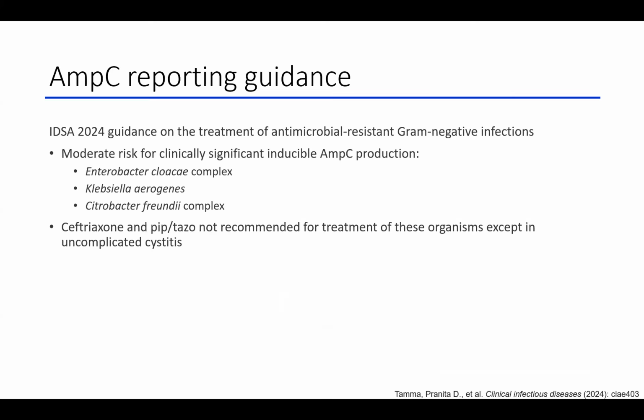And recently, I would say there was a lot more variation in what labs did. Recently in 2024, IDSA put out some treatment guidance. They say there's a moderate risk for clinically significant inducible AMP-C production in the organisms that we just showed in the paper had the higher mutation rate, and that they wouldn't recommend ceftriaxone and piptazo for the treatment of these organisms, except in uncomplicated cystitis.